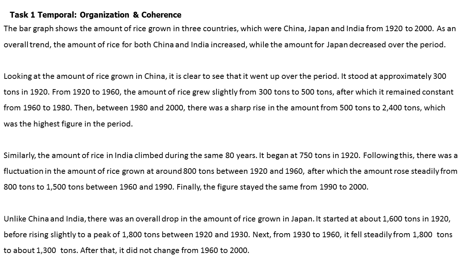For organisation and coherence, we need to think about using a variety of linking words. We're going to use while or whereas to show the difference between these two. And when we want to say one thing happened after another, we will use language like this.